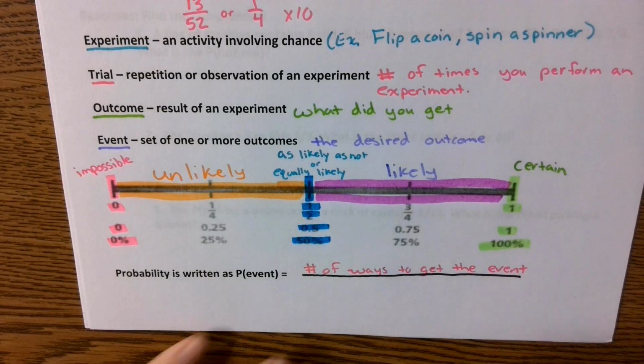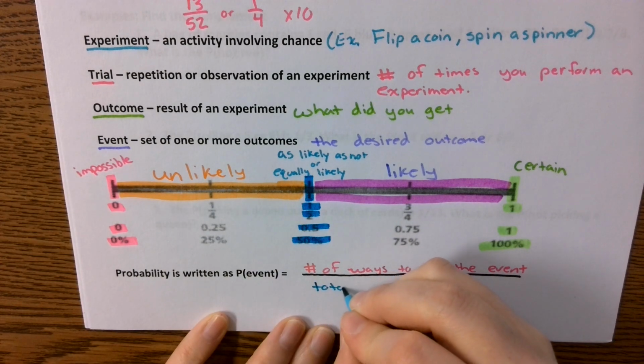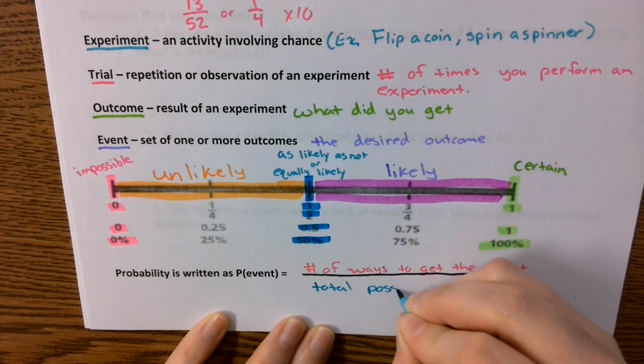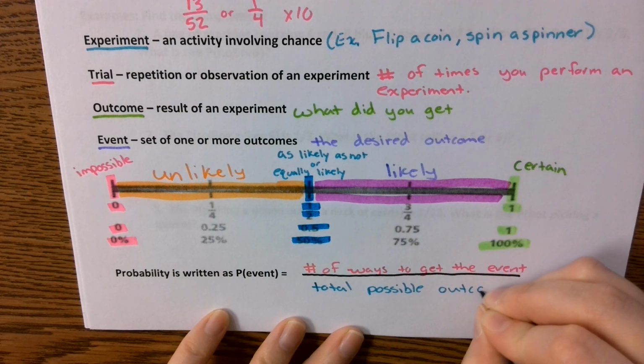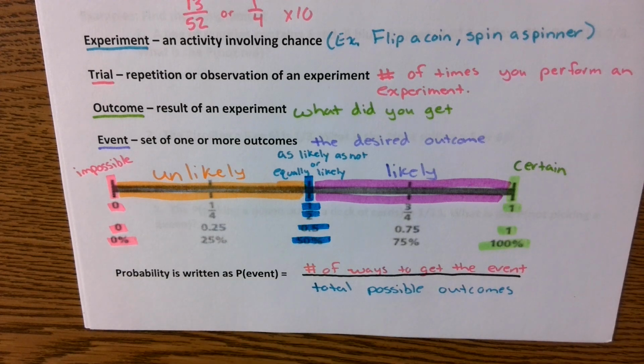And then on the bottom, it's the total possible outcomes. So yes, I can call on 13 different males out of 23 different students in the class. Okay, so the number of ways you can get your desired event over the total possible outcomes that are available to you.